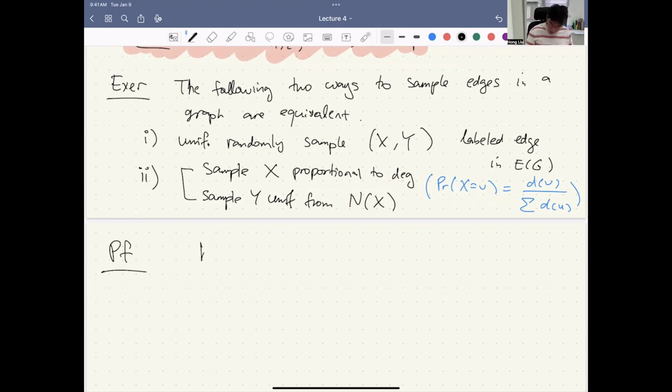Now we're going to show Sidorenko for K_{1,2}. In other words, we're going to show that the number of homomorphisms of K_{1,2} to G is at least n cubed p squared. This is what we're going to show.